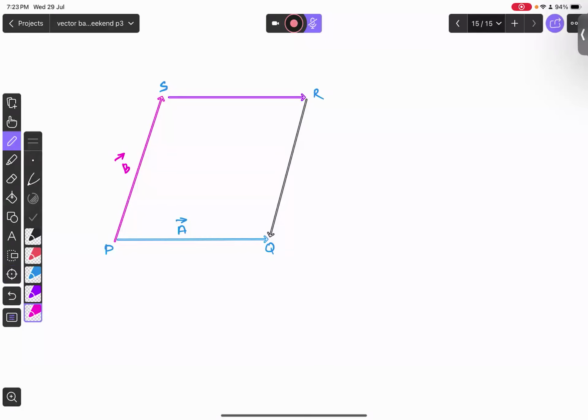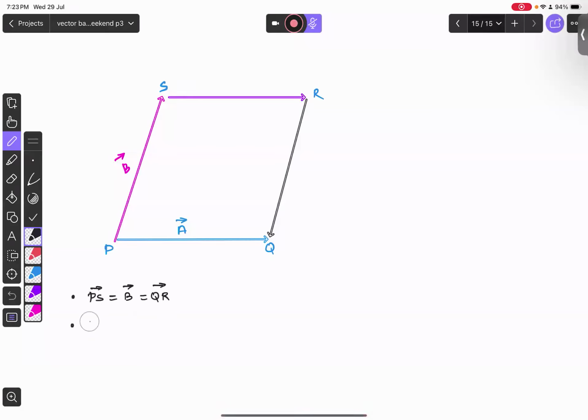So the RQ arrow is of the same length as the QR arrow, but in direction opposite to it. So whether I use PS or QR, both are going to be correct representations of vector B.